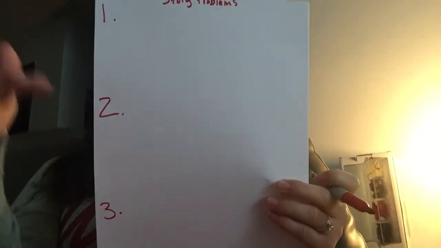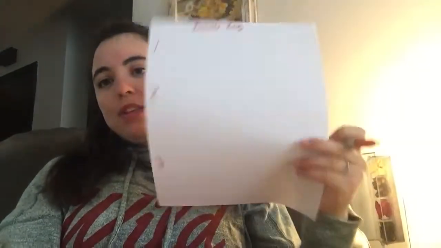You're not going to write the answers on this sheet. You're going to make a separate sheet called the answer key, and you'll do a 1, 2, 3 and show your work there. So you're going to have 2 sheets for math: the story problem sheet and the answer key.